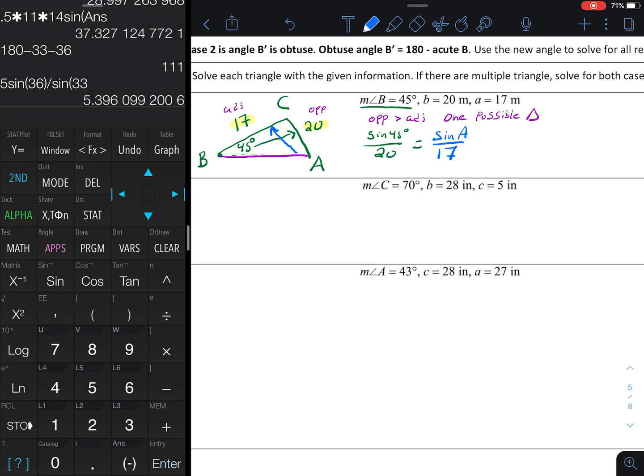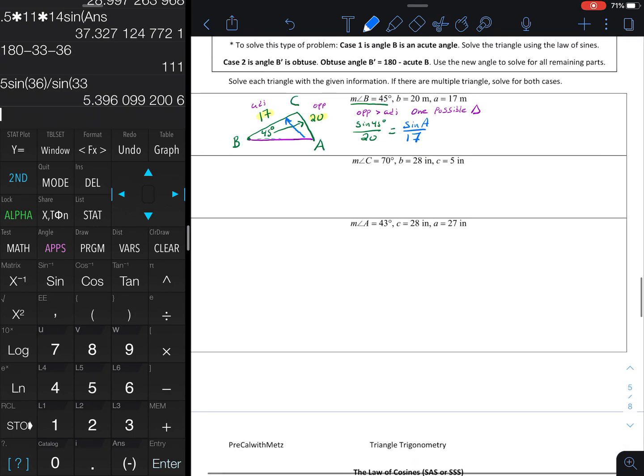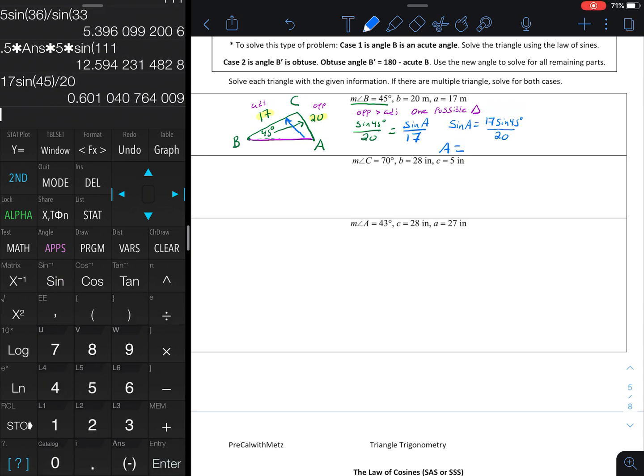That means sine of A is equal to 17 times sine of 45 divided by 20. And then we would do inverse sine of that right-hand side. I don't have a whole lot of room to write, so I'm just going to type in 17 sine of 45 divided by 20, which is 0.601, and I'm going to do inverse sine of that.